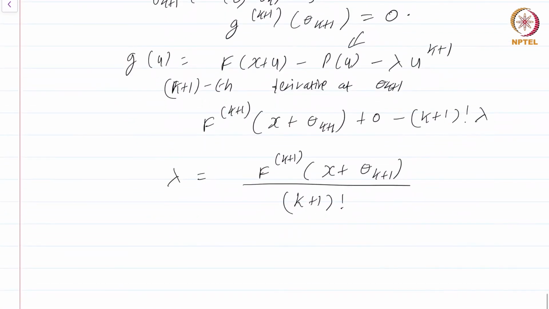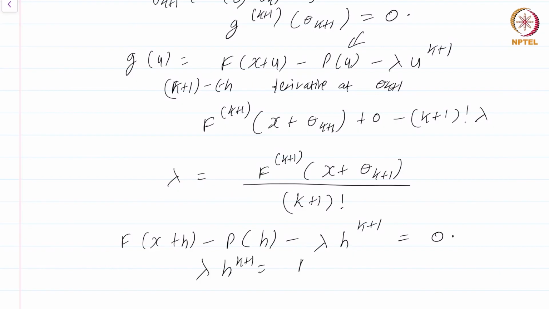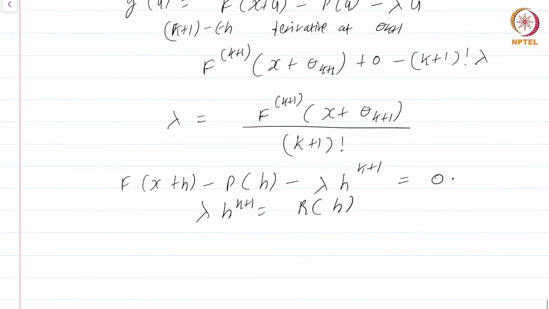This is what lambda is going to be. But wait a second. How was lambda chosen? Lambda was chosen so that f of x plus h minus p of h minus lambda h to the power k plus 1 is 0, right? In other words, lambda h to the power k plus 1 is what we have been calling r of h all along. It was just a different name. But lambda is nothing but f to the k plus 1 of x plus theta k plus 1 divided by k plus 1 factorial.